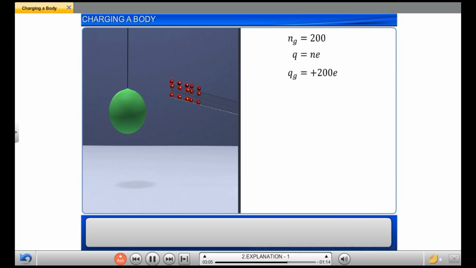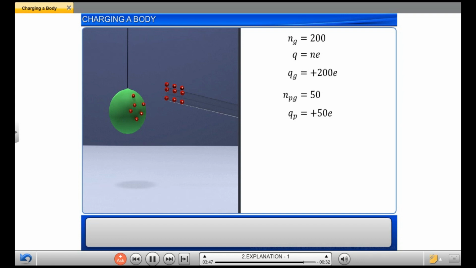Now, when this glass rod was in momentary contact with the pith ball, let us assume that because of the electrostatic attraction, a few electrons, say Npg = 50, are transferred from the pith ball to the glass rod. Now, the pith ball has the deficit Np of 50 electrons, which implies that the charge on the pith ball Qp = +50e.